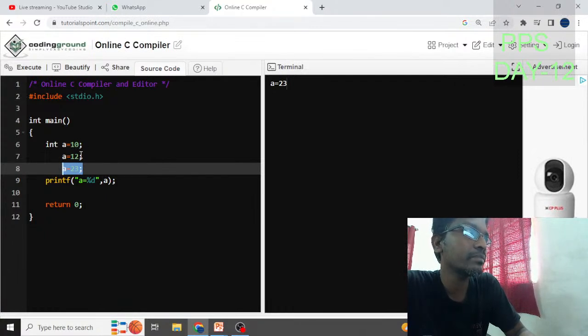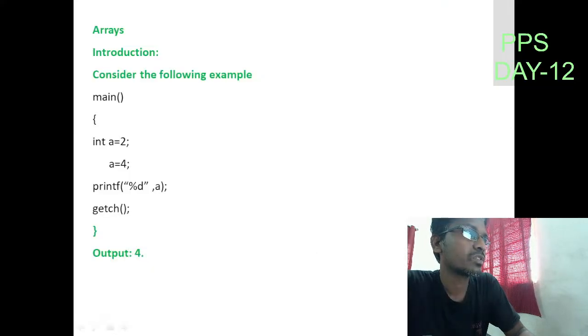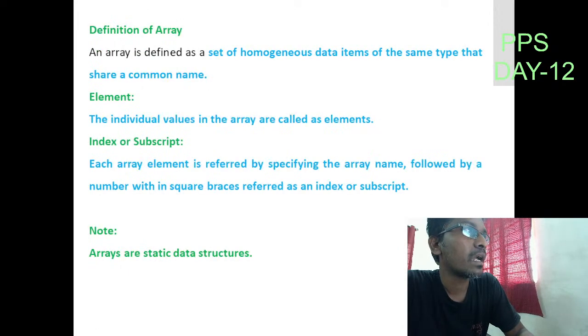So if you want to store multiple values at a time, then you need to go for the concept of arrays. If you want to store multiple values of variables, you have to study arrays. Now we come to the definition of an array. So what is an array?